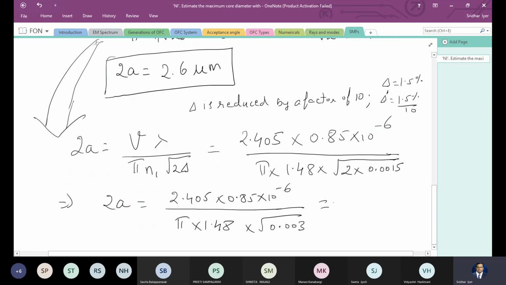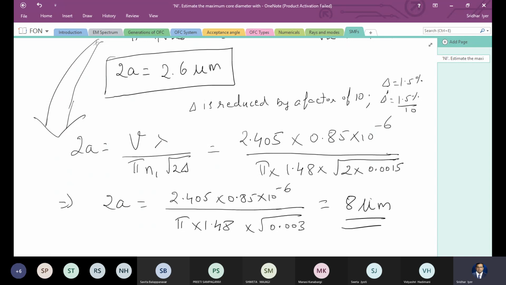And if you evaluate this, quickly, you get close to 4 micrometer. I forgot to multiply by 2, so you get 8 micrometer. So you can see what the difference is.